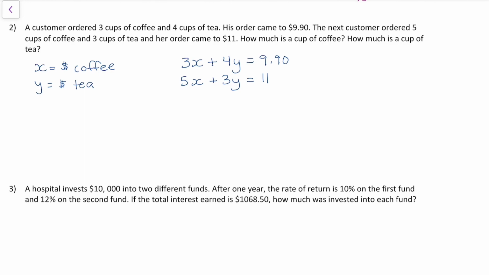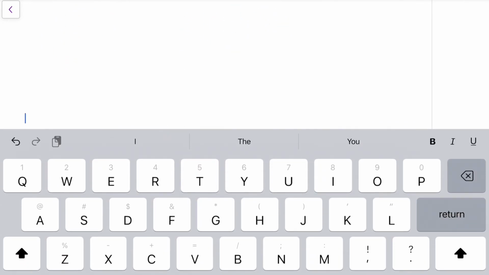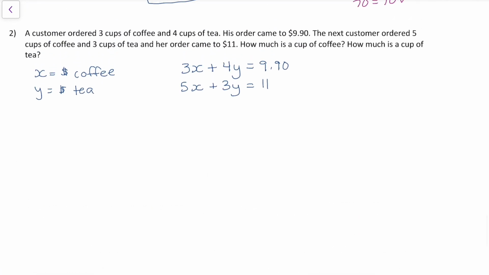So substitution-wise, we could use substitution, but we're going to be dividing by some funky numbers. So it might be easier to do elimination here. I'm going to give us some more room. And we need to figure out how we can use elimination.